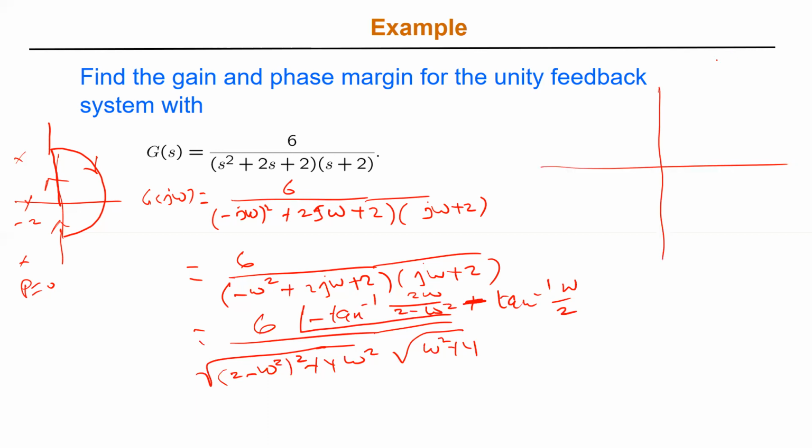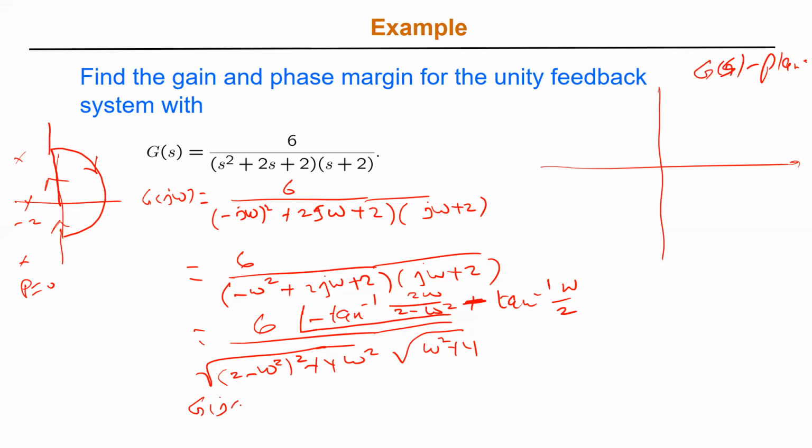Now we want to find the gain margin. We want omega crossover. No, first of all, before the phase margin and gain margin, let's just sketch it. How does it look like? What's the G of 0?